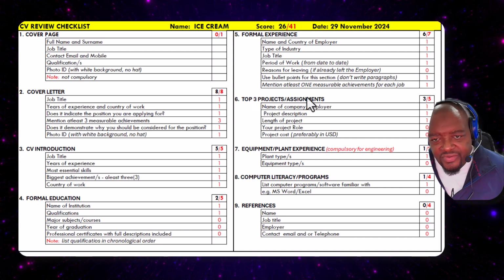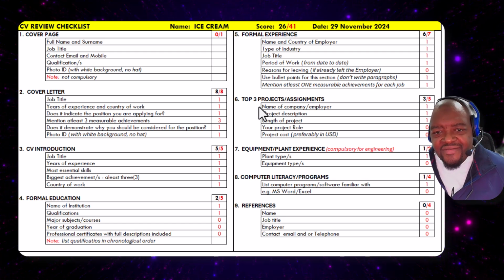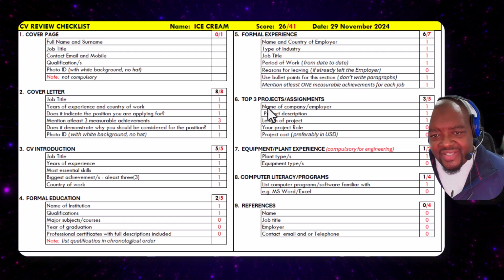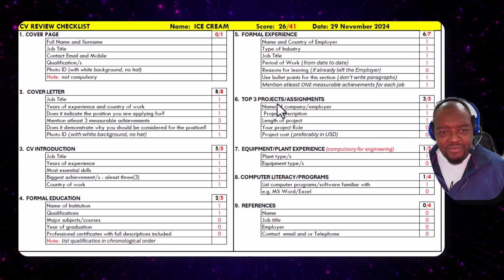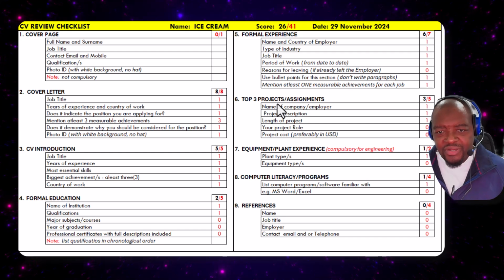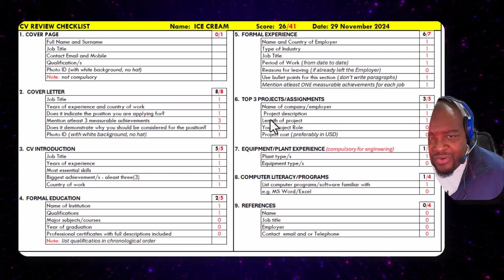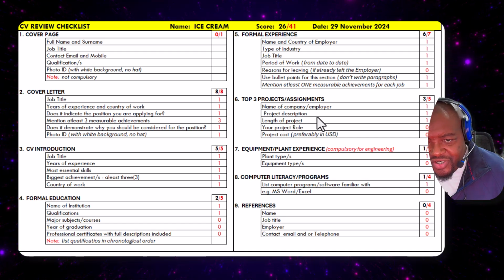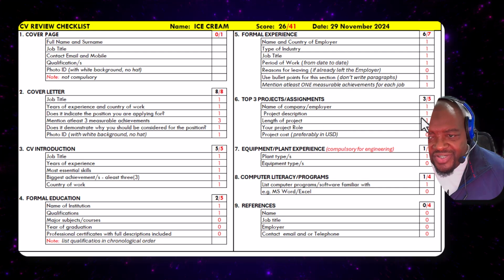Now we go to top 3 assignments or projects. He did not have a specific section on assignments or projects. He has achievements, or he mentioned them as accomplishments. He had the name of the company employer, the description of the project, the length of the project.